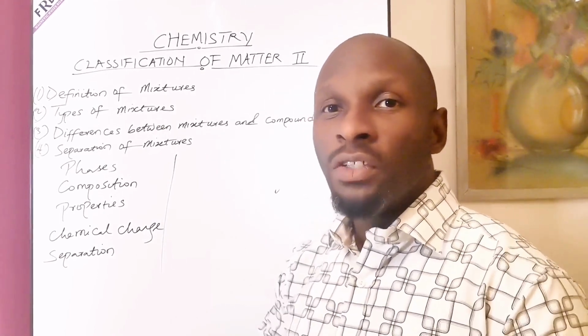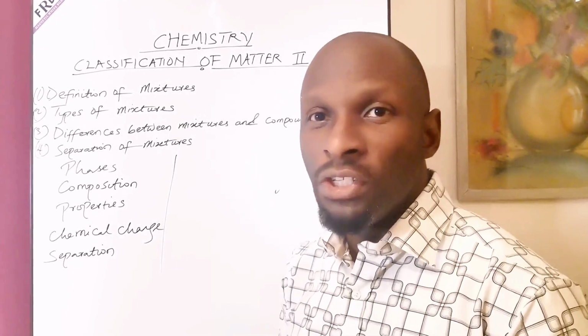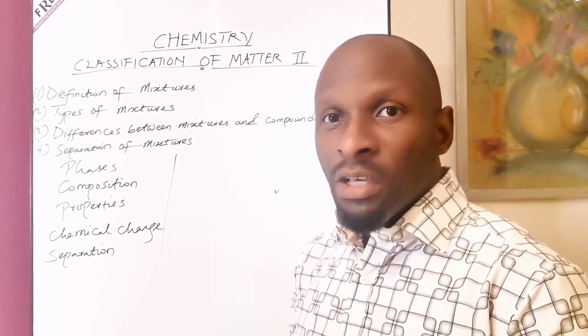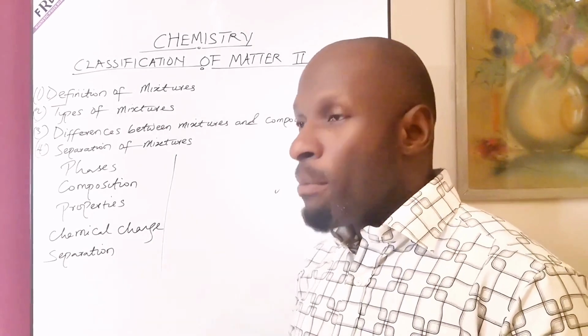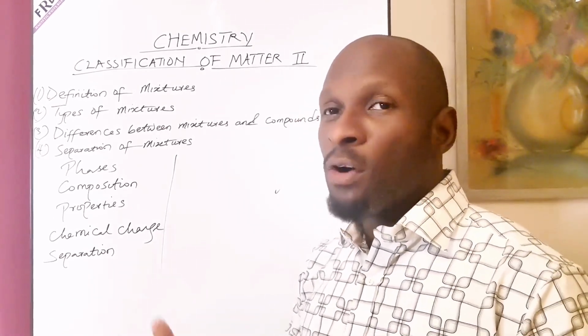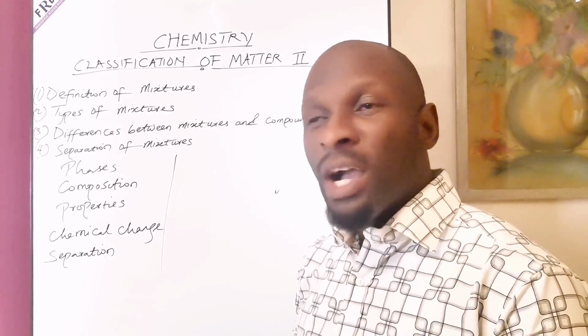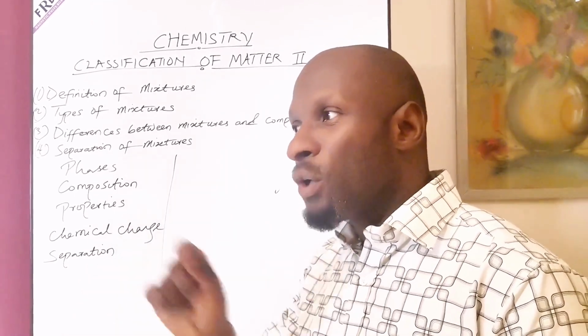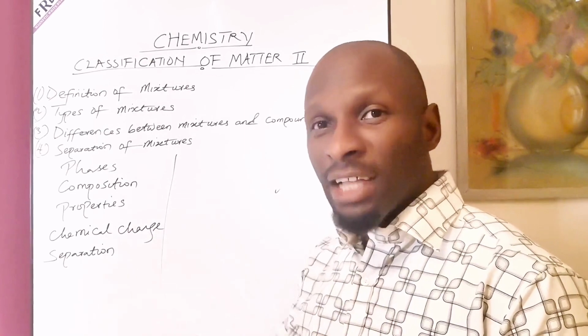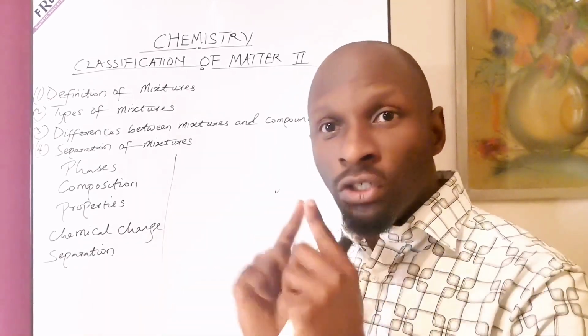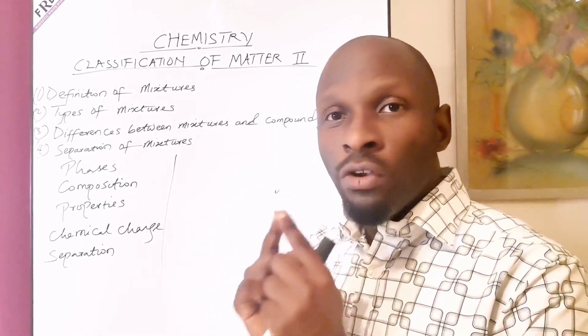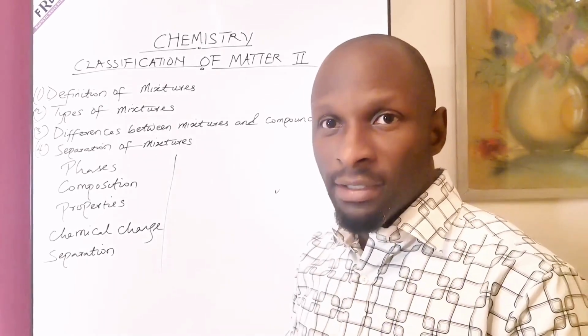But a compound is always homogeneous, because when you combine two elements together, or some group of elements together to form a compound, you cannot identify each of the elements in that compound because they form one unit, one uniform unit.